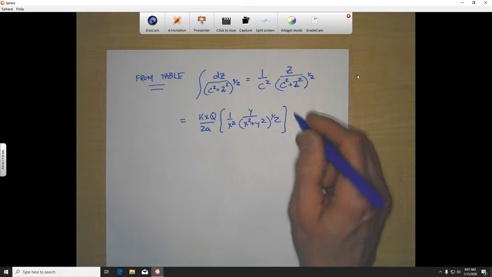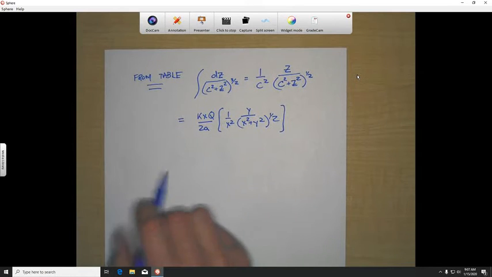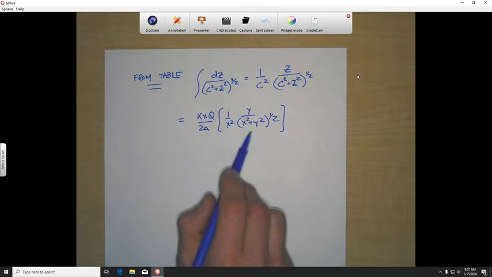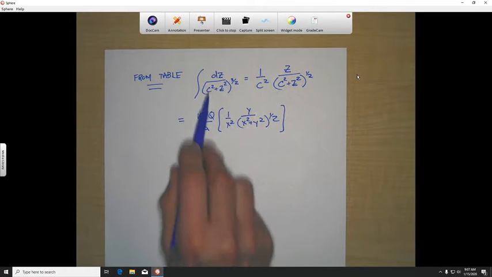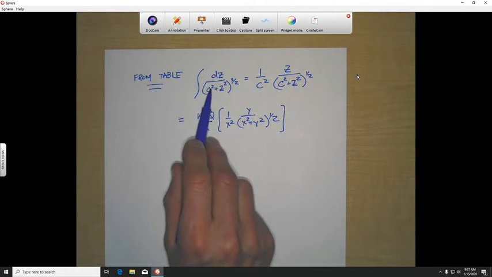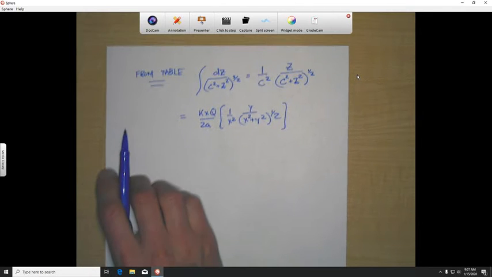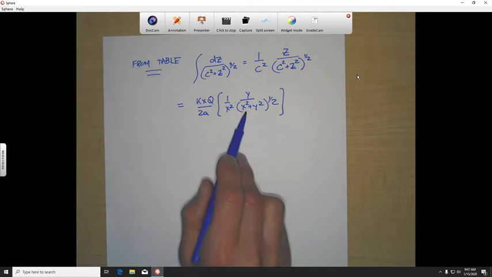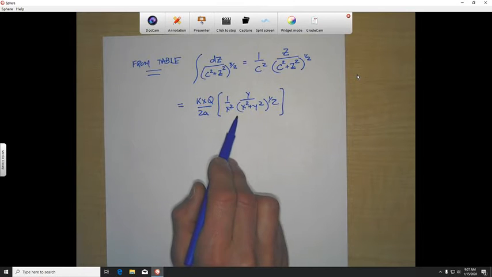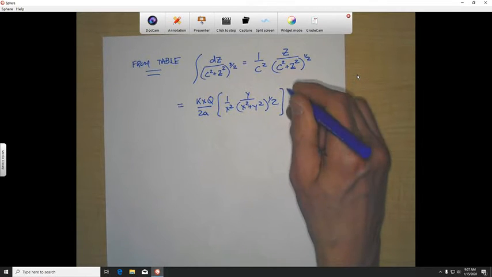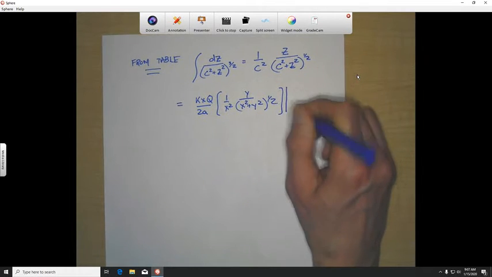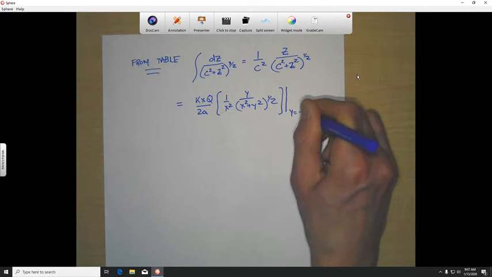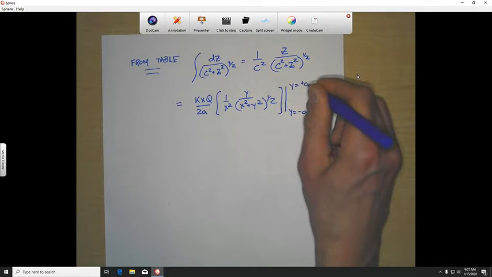Okay. And I'm going to leave it up to you to verify this, right? This is basically matching up table variables with the other formula. So this is a good exercise for you to make sure that that's right. Okay? And then I'm going to evaluate here. This is a definite integral, so y goes from negative a to positive a.